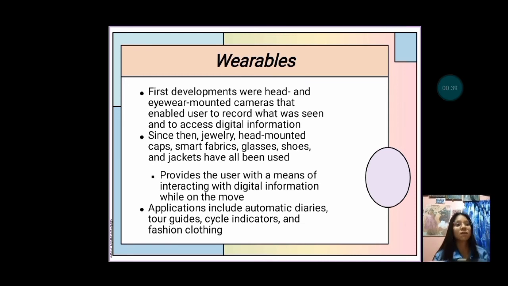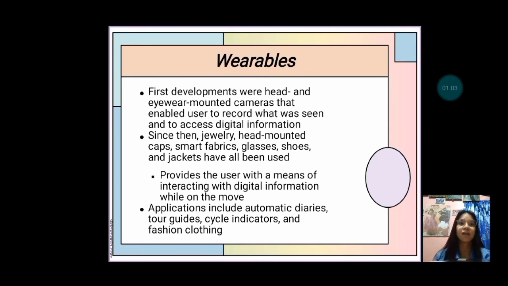So, what is this used for? It is used to record what is happening or what could happen while someone is on the move. Like the GoPro, it is used by cyclists and drivers to record the roads they travel. It is also a big help since it can record unexpected happenings, like unexpected accidents.